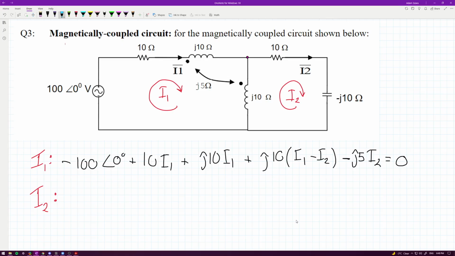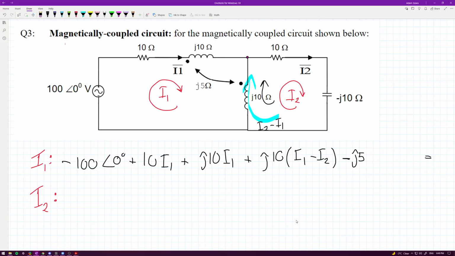Isn't the only current in the vertical inductor. Oh, you're right. That current isn't going through there. Yes, thank you, Hannah. That is true. This current is inducing that thing right there. But a slight mistake I made is that's not just I2, is it? That is I2 minus I1, because I2 is going in the same direction and I1 is going in the opposite direction.